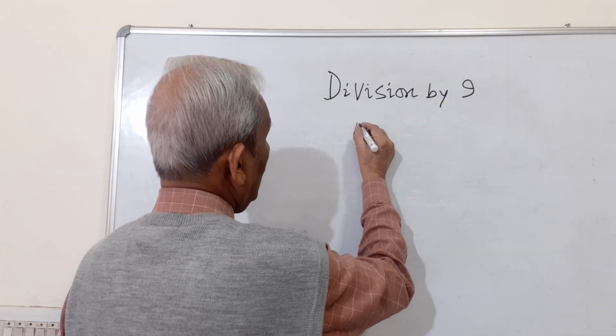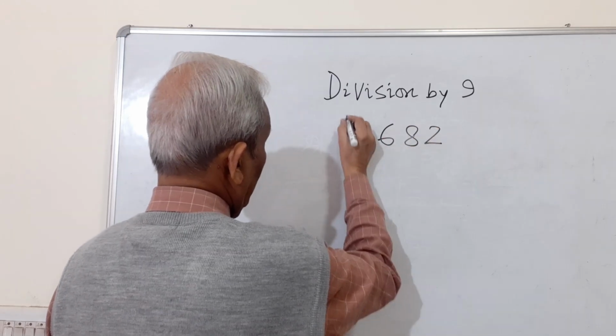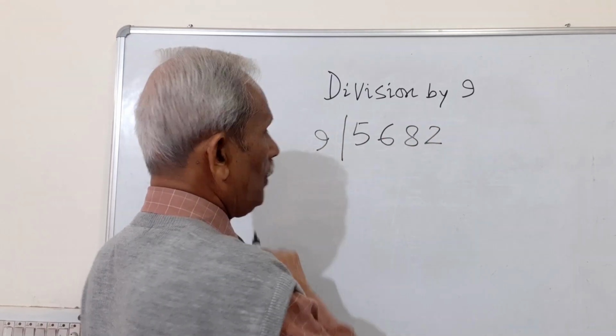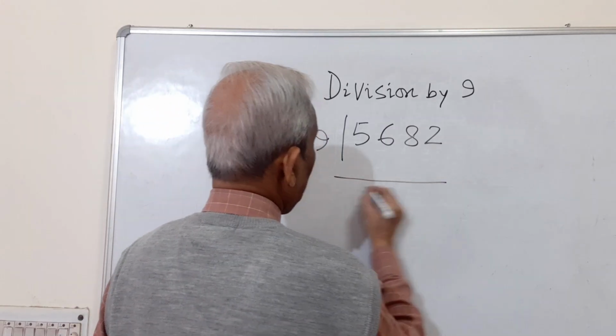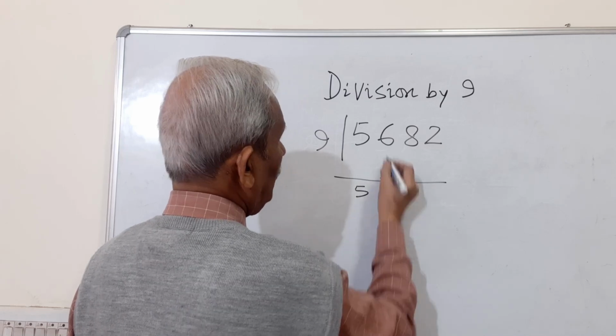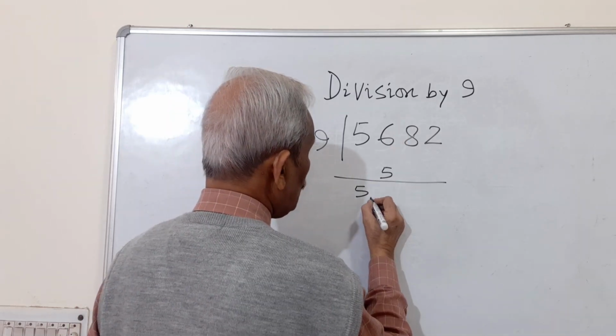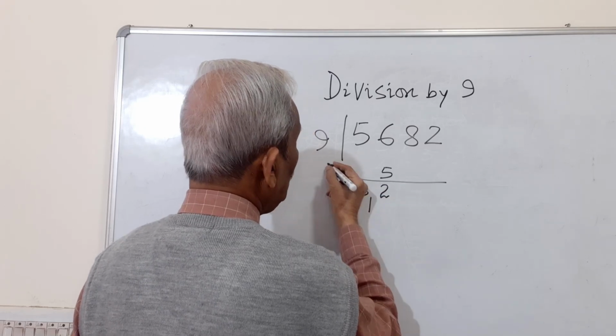5, 6, 8, 2 divided by 9. Now we'll make the division in one straight line without doing anything at all. 5 here, 5 here, 5 into 1, 5, 6 plus 5, 11. It goes 1 time. What's remaining? 2. Just write down 2 here. 2 into 1, 2.